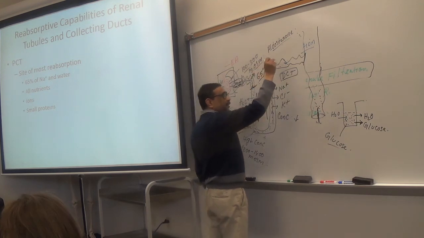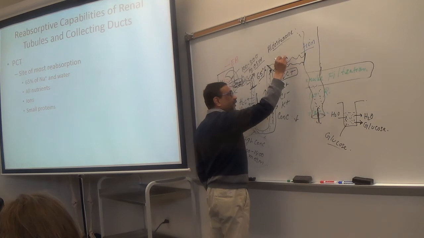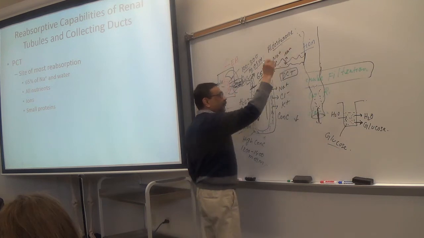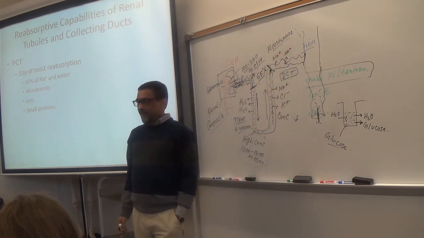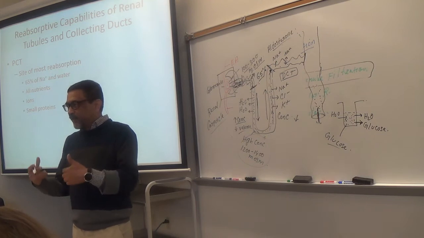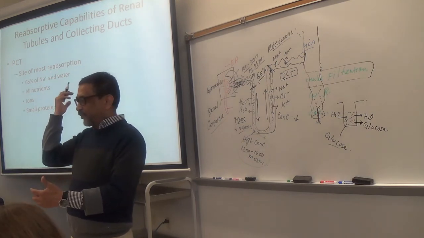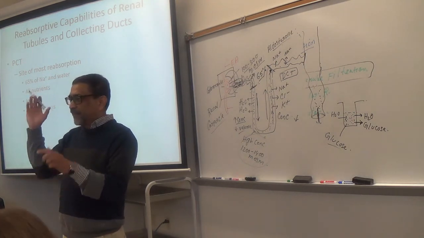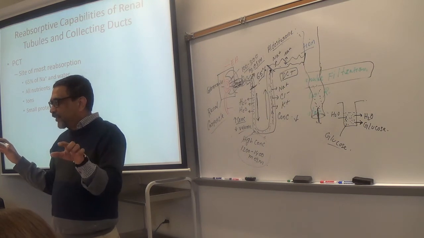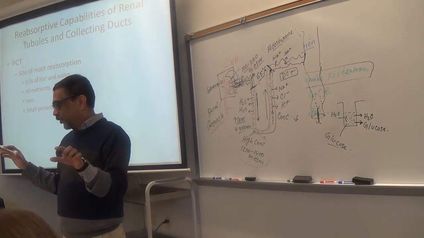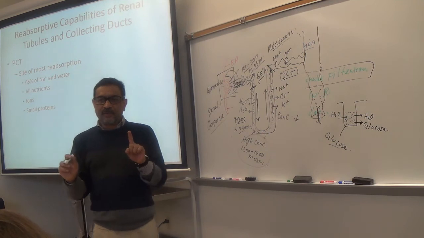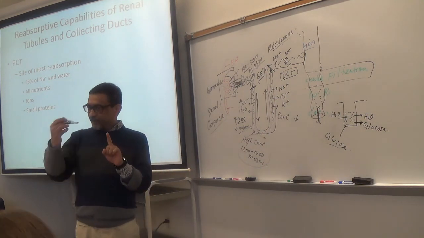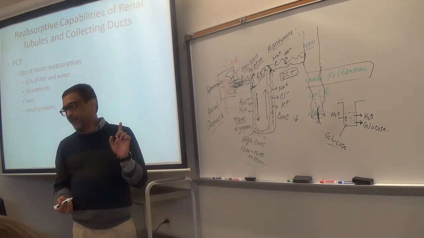And what does it do? It helps reabsorption of sodium. If this hormone is more, more sodium will be reabsorbed. Make sense? If this hormone is not present, no reabsorption of sodium will occur. So this hormone is causing the reabsorption of what? Sodium. Okay?